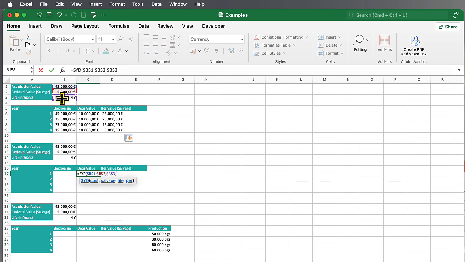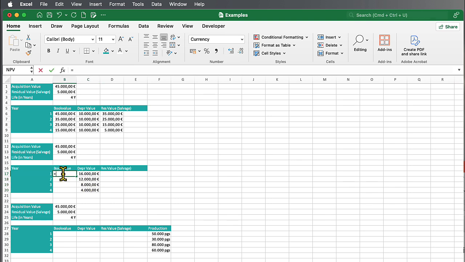However, if we say years are different, we have now to say which year we have. So in here, I'll take the parameter for the first year, and you can see our depreciation value is higher compared to what we have had in the other calculation. If you go down, you can see this depreciation goes down as well, and the total value, if you sum this up, you can see it's 40,000. Now we're doing basically the same as before.